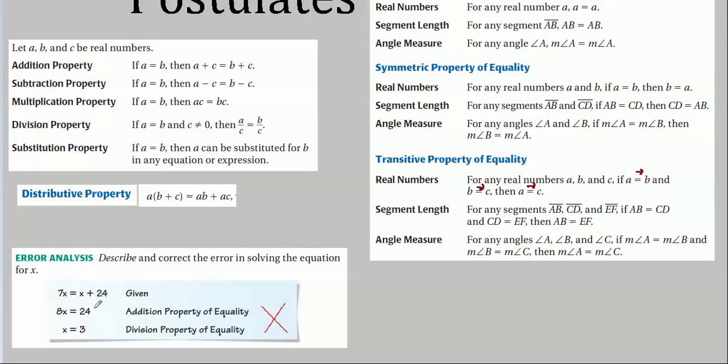The problem here is, and I don't really like the way they implied this mistake, because the problem is an arithmetic mistake. He added here when he should have subtracted. If you write it out, minus x on each side, it becomes more obvious.